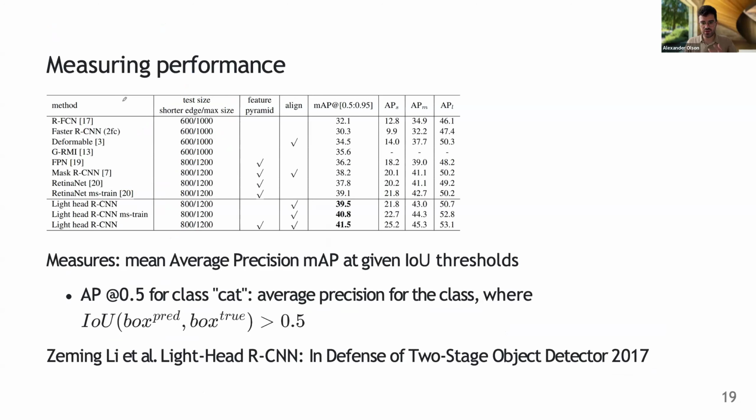So, in practice, we have to use a combined metric here because we're doing both classification and the regression of finding these bounding boxes. The typical metric that is used is called mean average precision at a given IOU threshold. The idea is that we evaluate the quality of the classification, but only when the bounding box is sufficiently overlapping with the real answer.